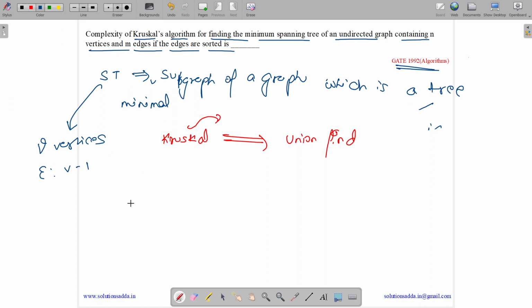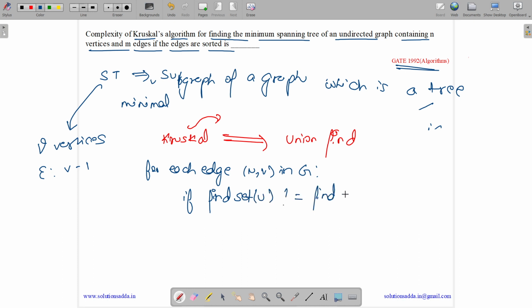So the algo will look like: for each edge UV in our graph G, we find if the find set to which U belongs is not equal to find set of V. If they have different find sets, then we do union of U and V.